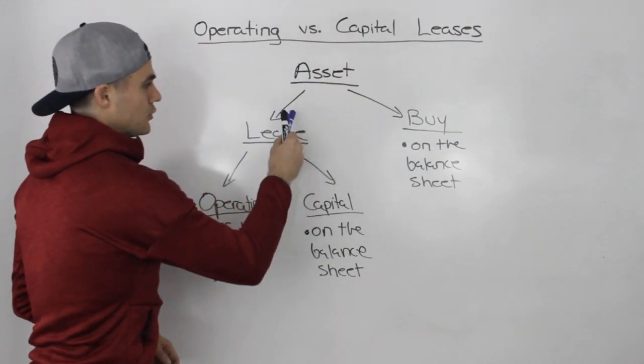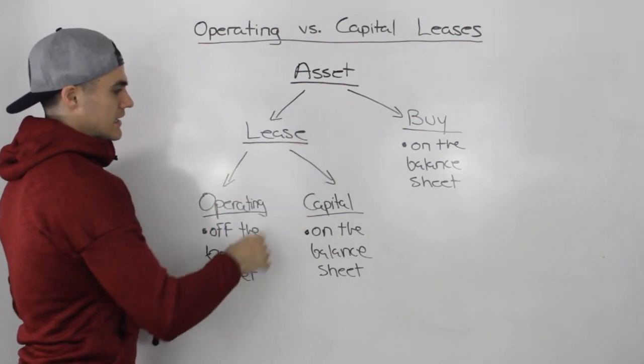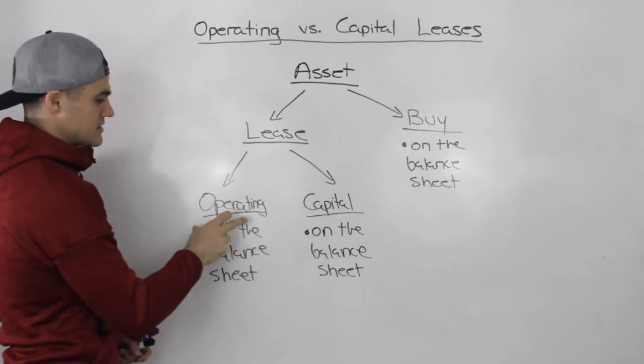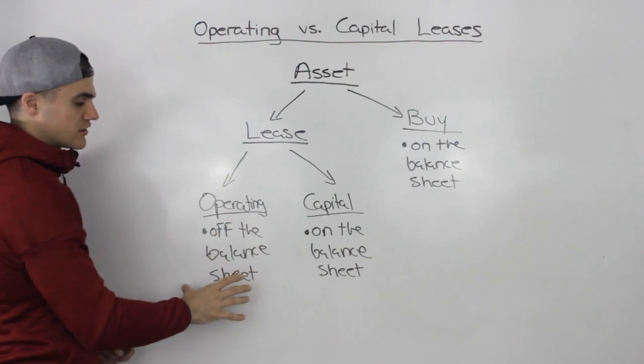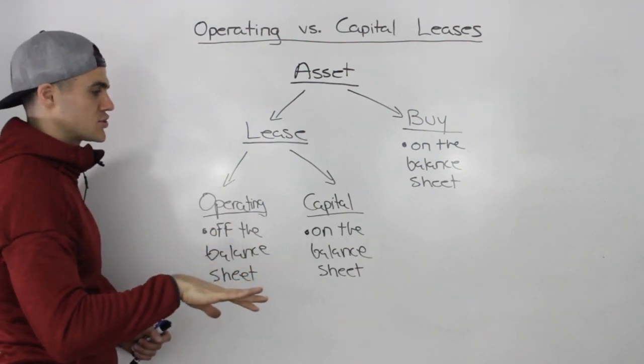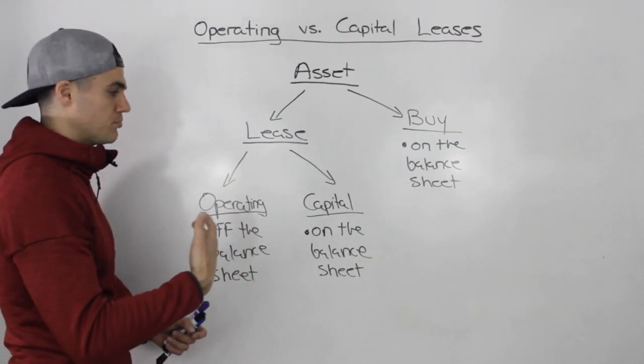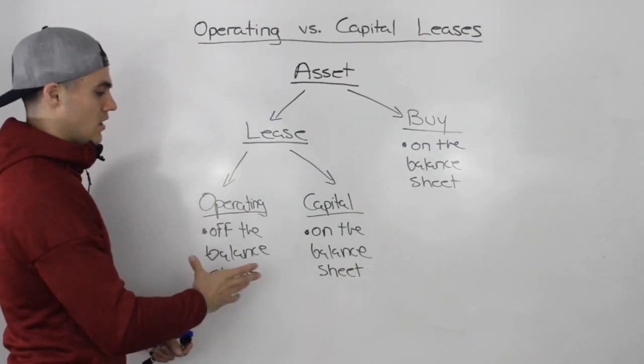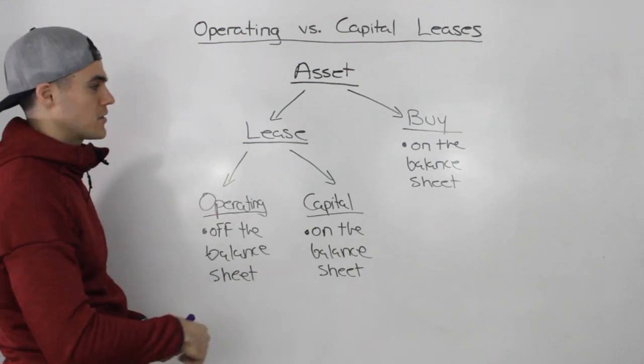Now, instead of buying it, you can lease it. But leasing falls into one of two categories. It's either an operating lease, and if it's an operating lease, then you can keep the asset off the balance sheet, and all you have to put is the lease expense on the income statement, as long as the asset is being used for business purposes.